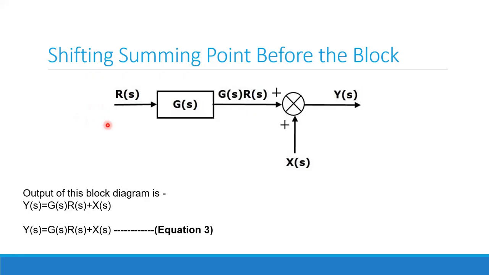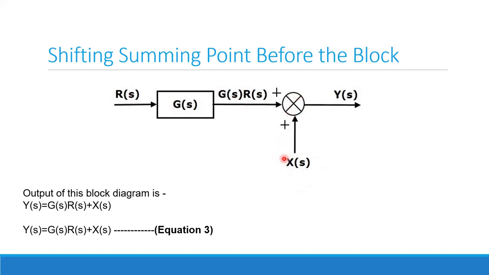Now here the output of this block diagram is Y of S, which is again dependent on this G of S R of S and X of S, because G of S R of S is nothing but the output of this block, which is given as an input to the summing point.